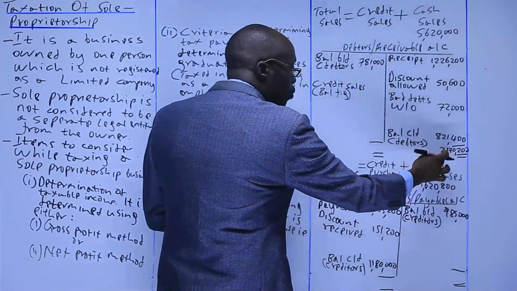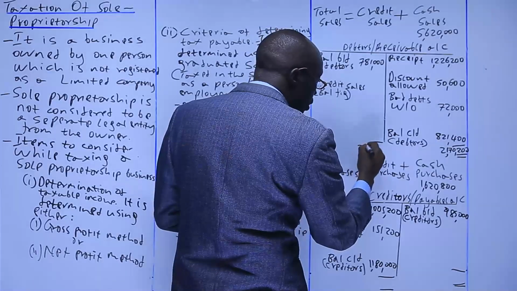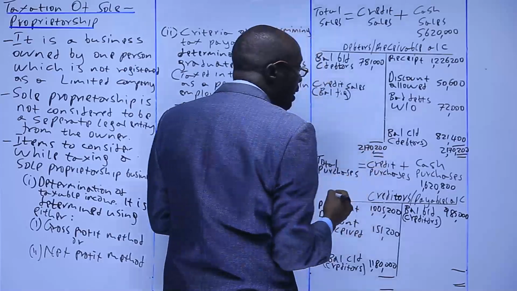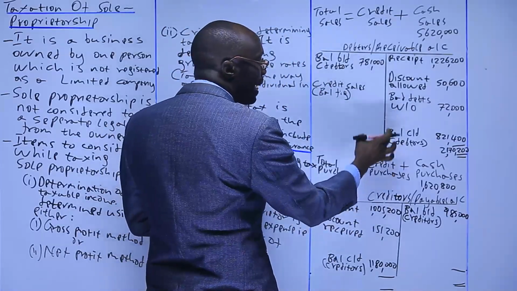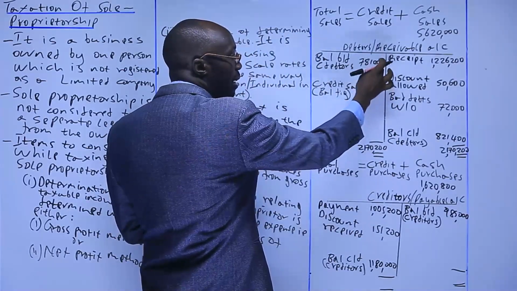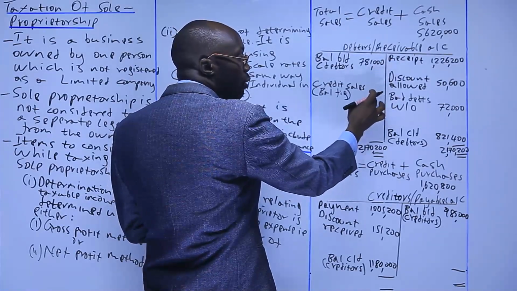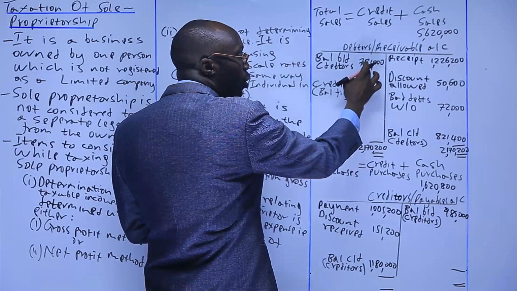Then this one should be the same as on this side, 2,117,200. Then the difference between this figure and what we have posted on this side, if we had like 3, this one and the other 2, the difference is the one that we post here as the balancing figure, but we only have 1.